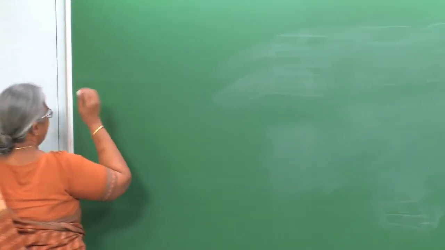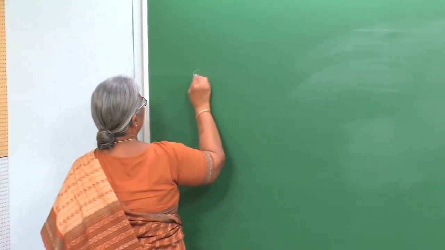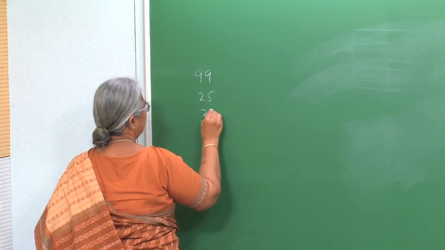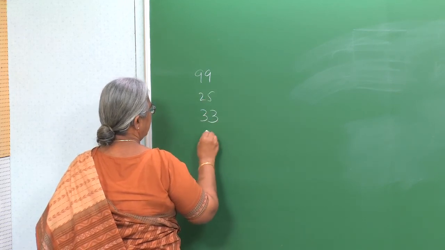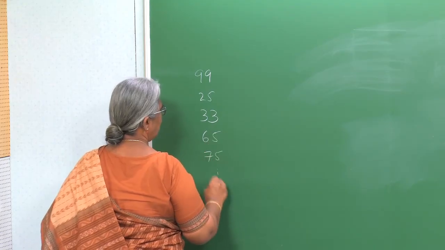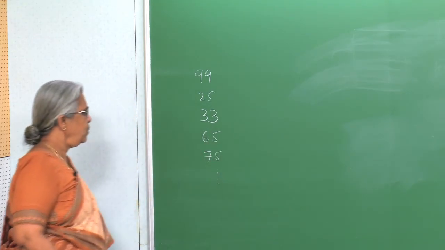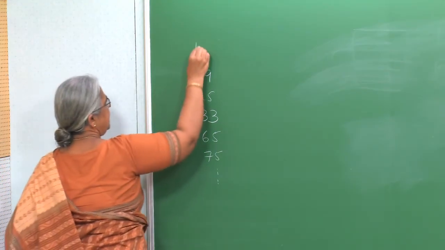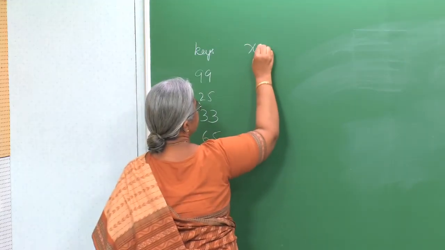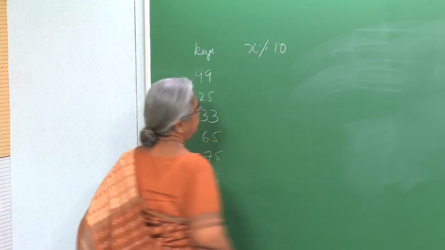That the hashing is defined. If you're given a set of numbers, let us say 99, 25, 33, 65, 75 and so on, let's call these the keys, and you were given a hash function which said x % 10.